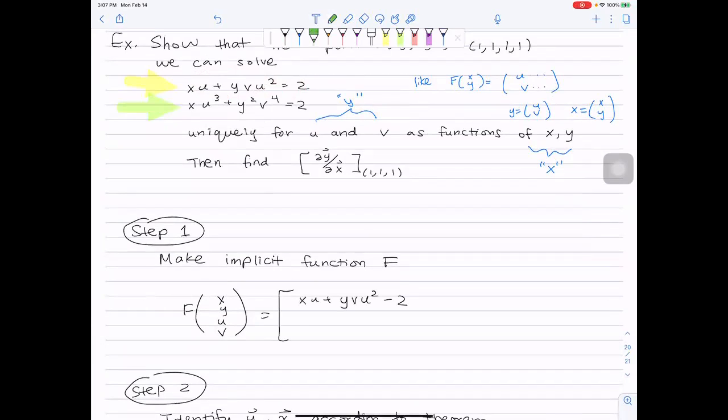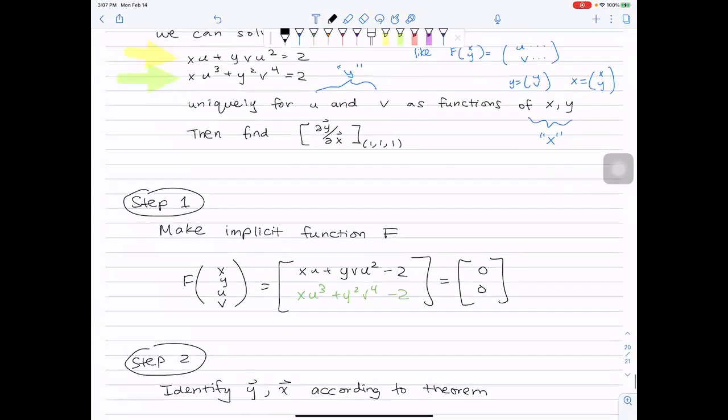Then our second output is the second one, minus 2 again. And we know that equals 0, 0, because we just solved for those two equations. Let me call the first output P and the second one Q. So first step, we wrote our function.